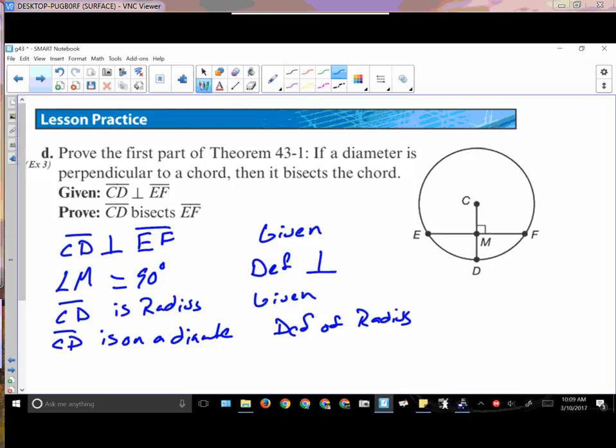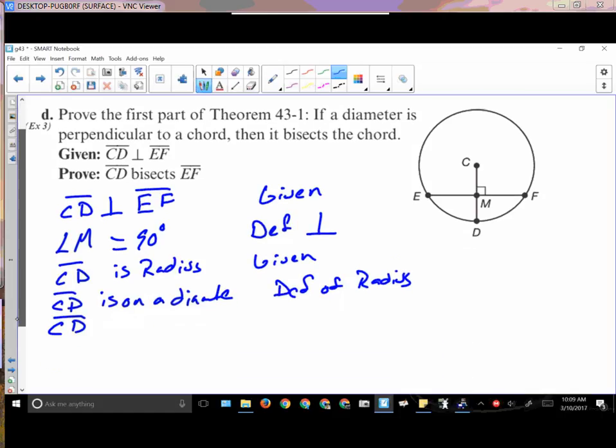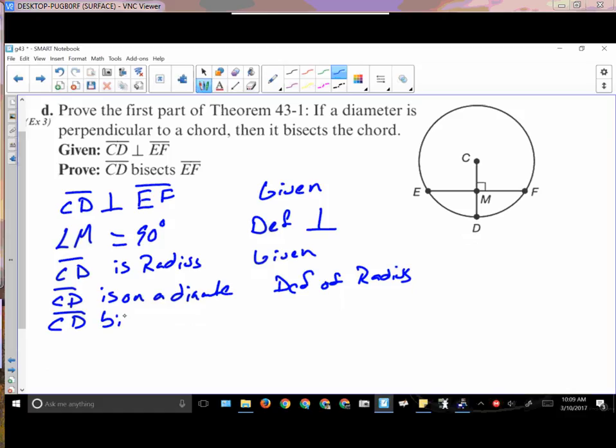There you go, 43-2. So we can now say that CD bisects EF. Why? Theorem 43-2. There you go.